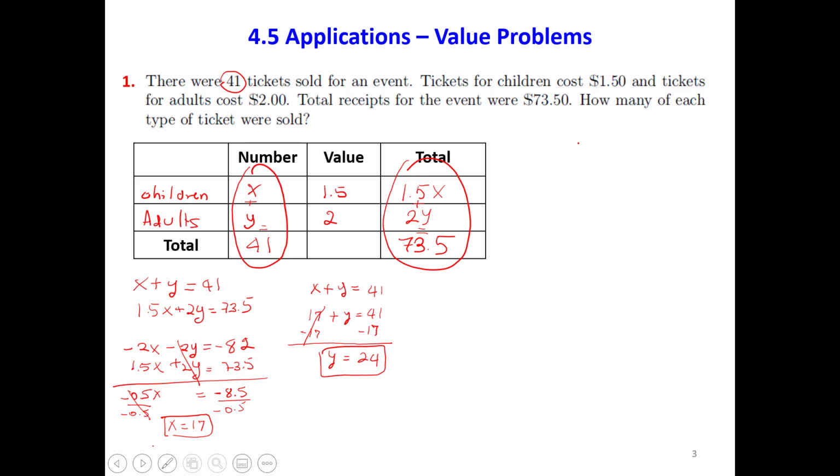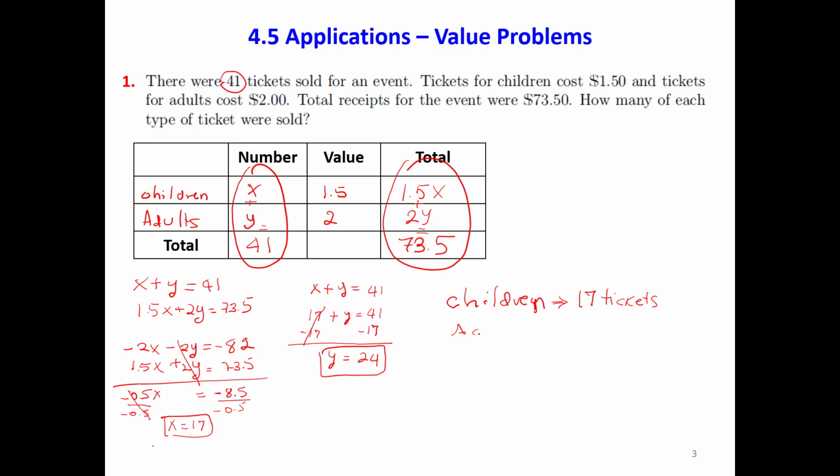And we will write here, for children, x means 17 tickets.